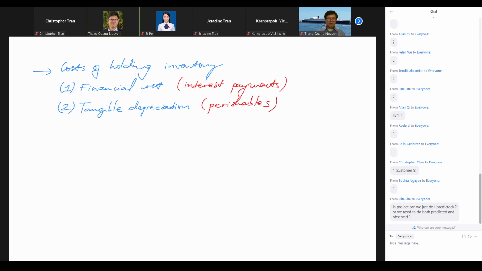After 7 or 10 days, things like that. But you know what? There is another kind of depreciation. So the items stay exactly the same, but the value goes down over time. We call that intangible depreciation.